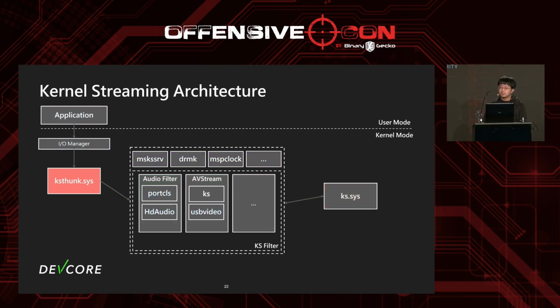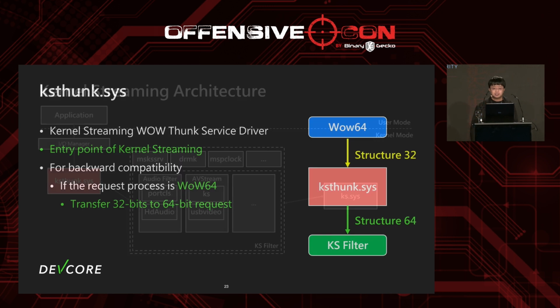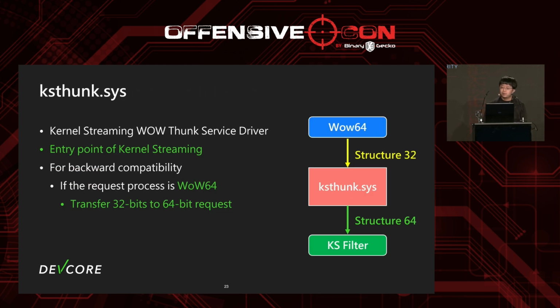Let's talk about KSTHUNK first. KSTHUNK is the entry point in kernel streaming. It converts 32-bit requests from the WOW64 process into 64-bit requests, allowing the underlying driver to handle the request without additional processing for 32-bit requests.